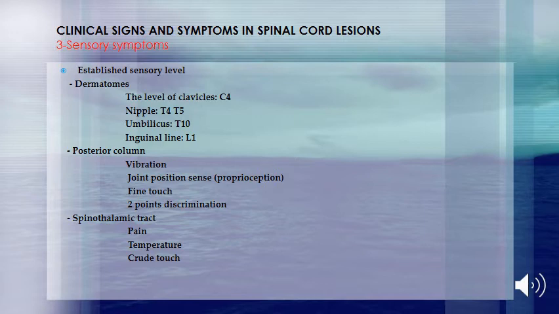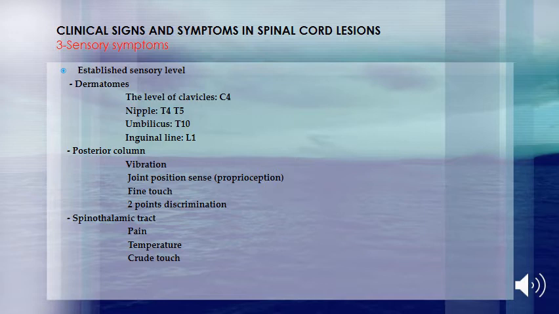If the lesion affects the posterior or dorsal column of the spinal cord, the impairment will be in proprioception and fine touch. And if the lesion affects the spinothalamic tract, it will cause impairment in pain and temperature.